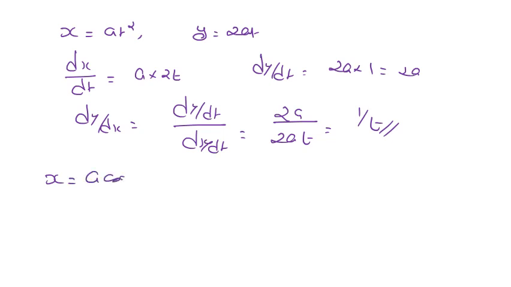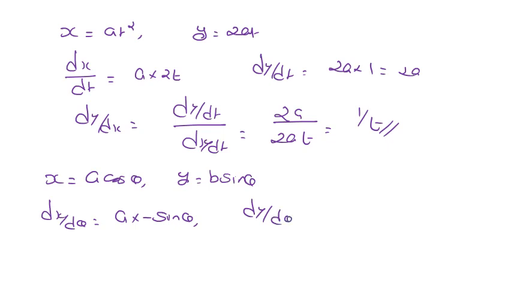x is equal to a cos theta, y is equal to b sin theta. What is dx by d theta? a cos theta derivative is a into minus sin theta. dy by d theta is b into sin theta derivative, which is cos theta.